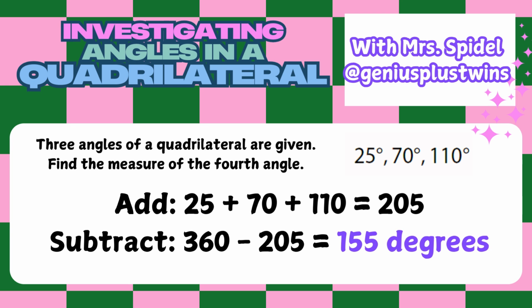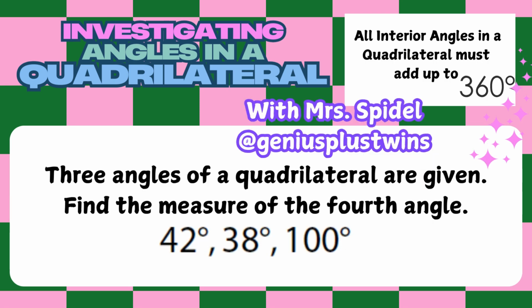I had to find the difference between what all 4 angles must equal, the 360 degrees, and subtract the amount that I knew the other 3 angles added up to find the 4th angle, that is 155 degrees.